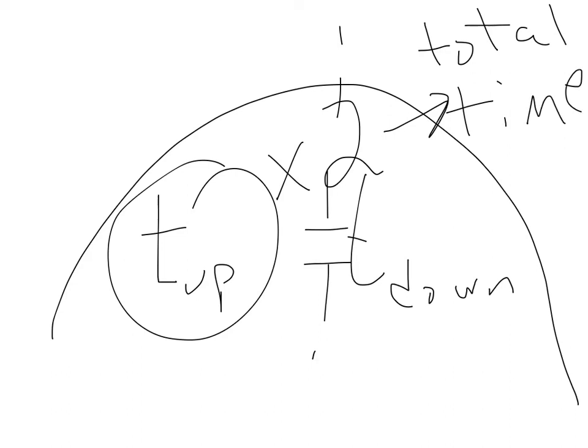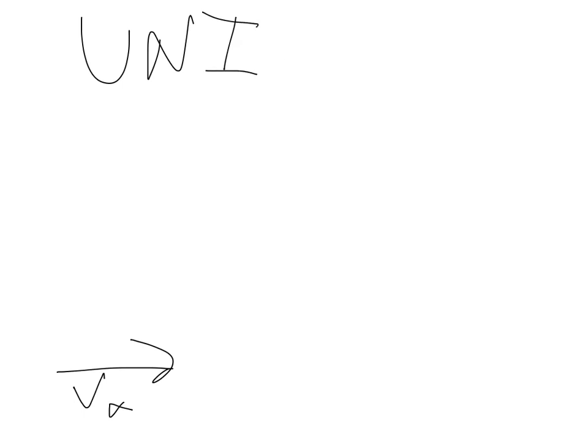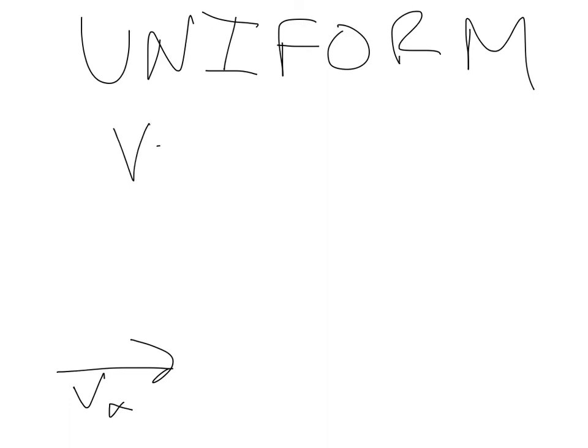And then, with our total time, we know, again, that our Vx is, that's right, uniform. And our only equation that we have to deal with uniform motion is V equals d over t.